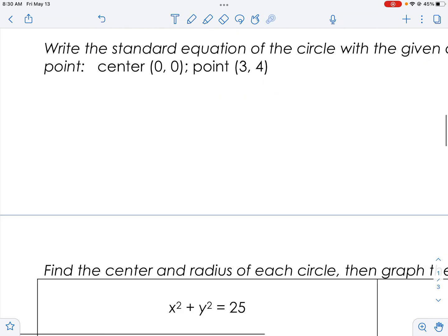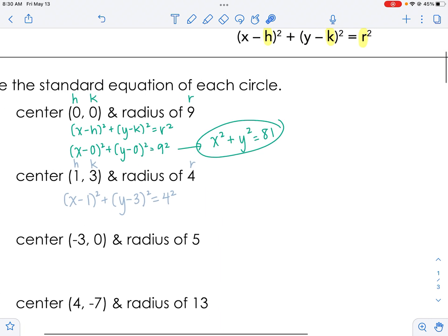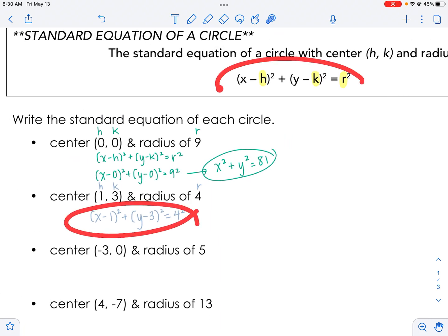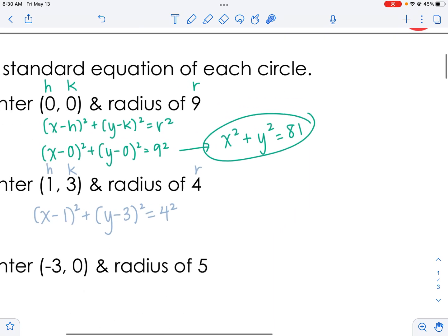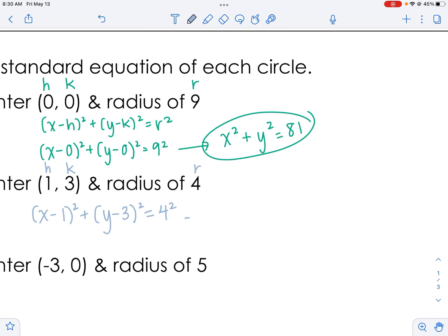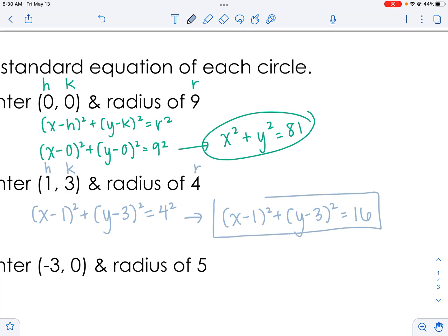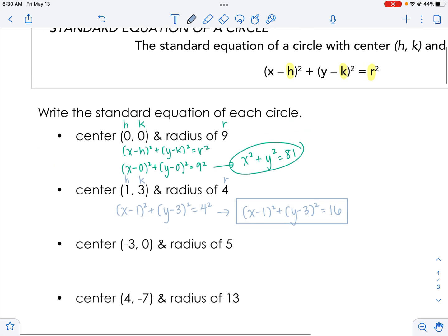It should look very similar to our formula. We just plugged in values, but we need to be careful that we always simplify that r². So I'm going to rewrite this as (x − 1)² + (y − 3)² = 16, since 4² would be 16. There was nothing to simplify there unless it's a 0. So that's it: label, plug it in, simplify.